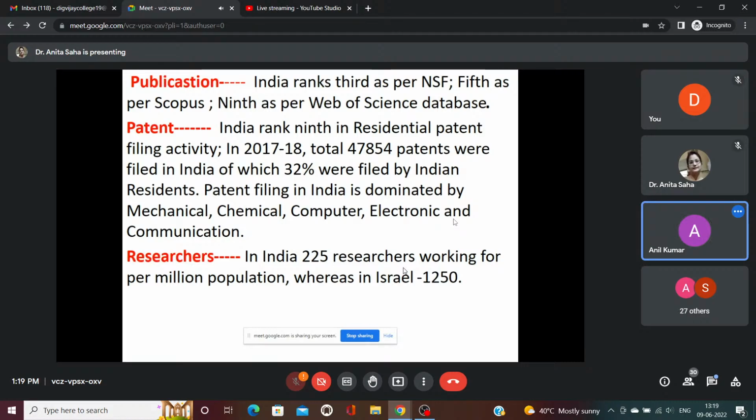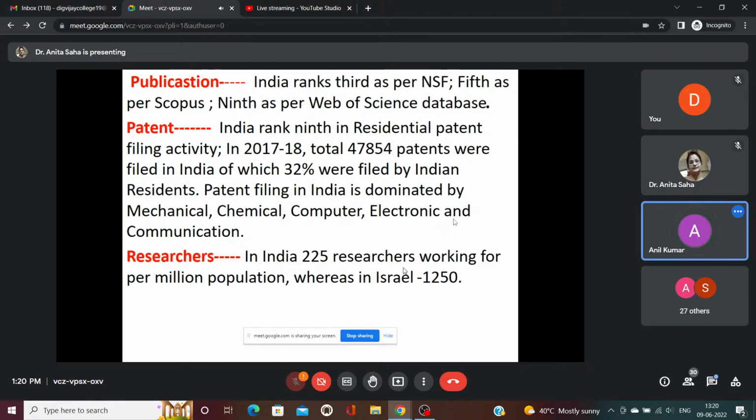Patent filing in India is dominated by mechanical, chemical, computer, electronic, and communication science. Most of the patents are filed from these fields. Very few patents are coming from basic science and also from social science.